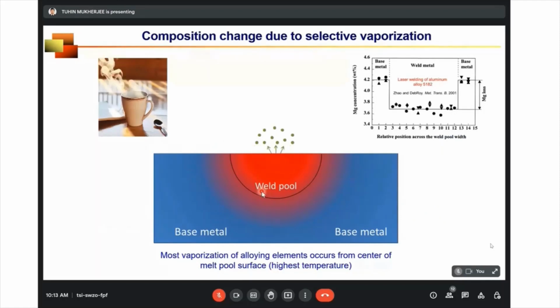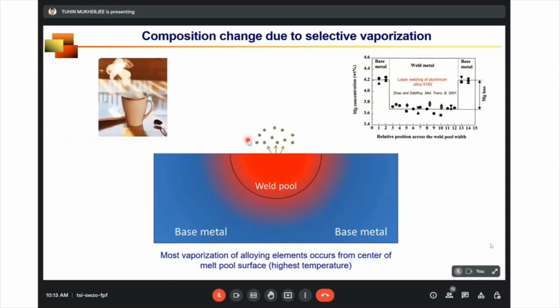Another very important defect that we often underestimate is composition change. So let's imagine you have a coffee cup. The water molecules vaporize from the top surface of the mug.